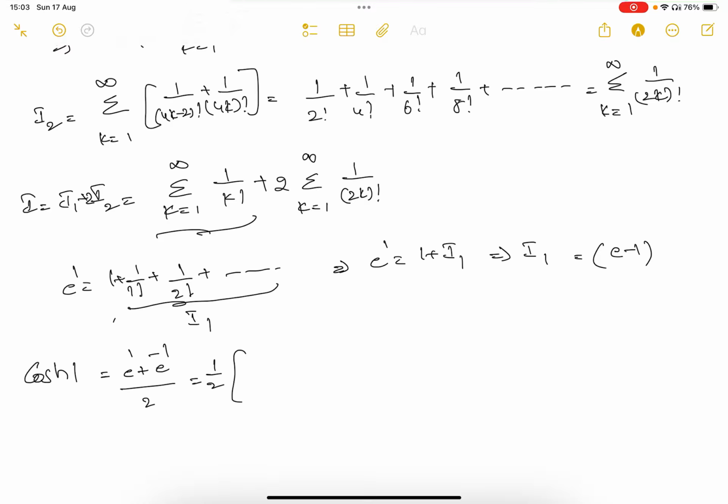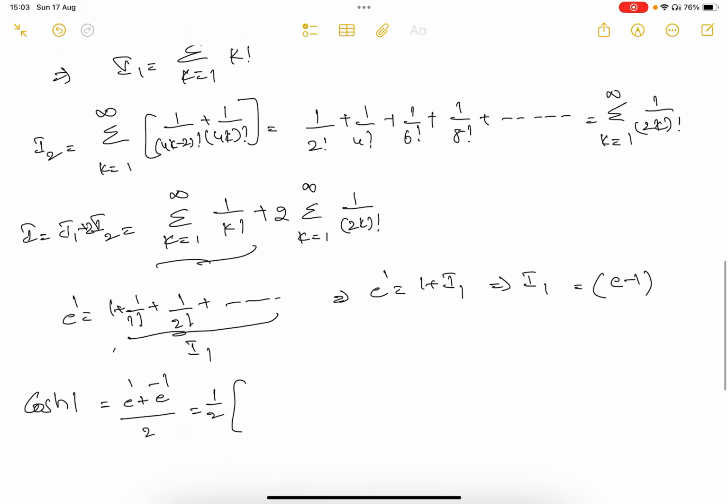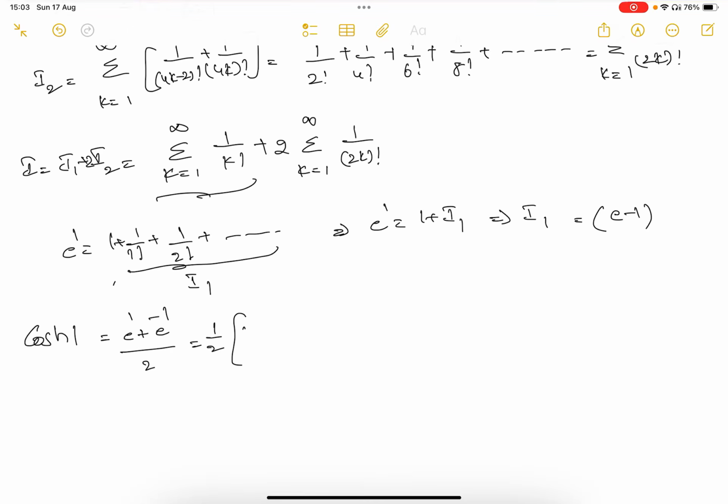Which is 1 by 2 into, sorry, 1 plus 1 by 1 factorial plus 1 by 2 factorial plus and so on. For this case, it will be 1 minus 1 by 1 factorial plus 1 by 2 factorial, minus 1 by 3 factorial plus and so on.